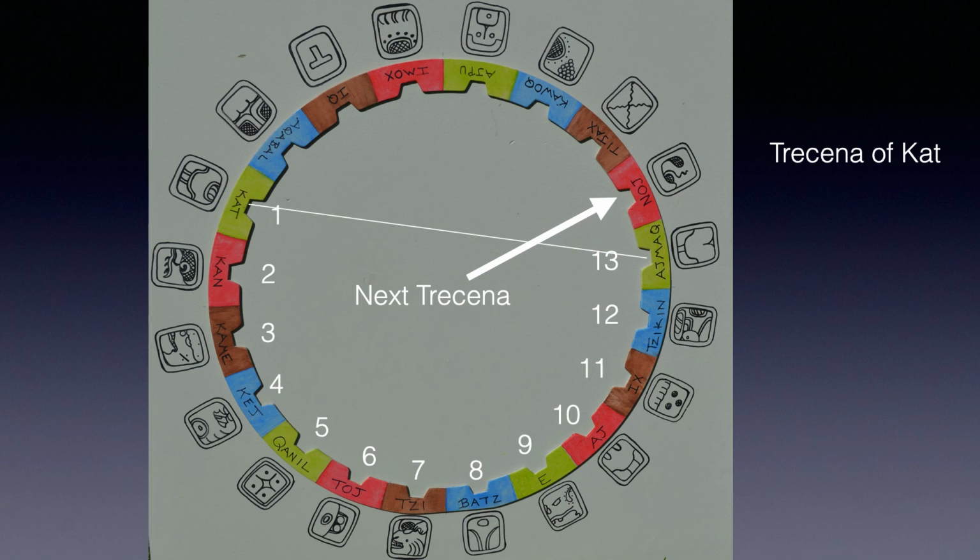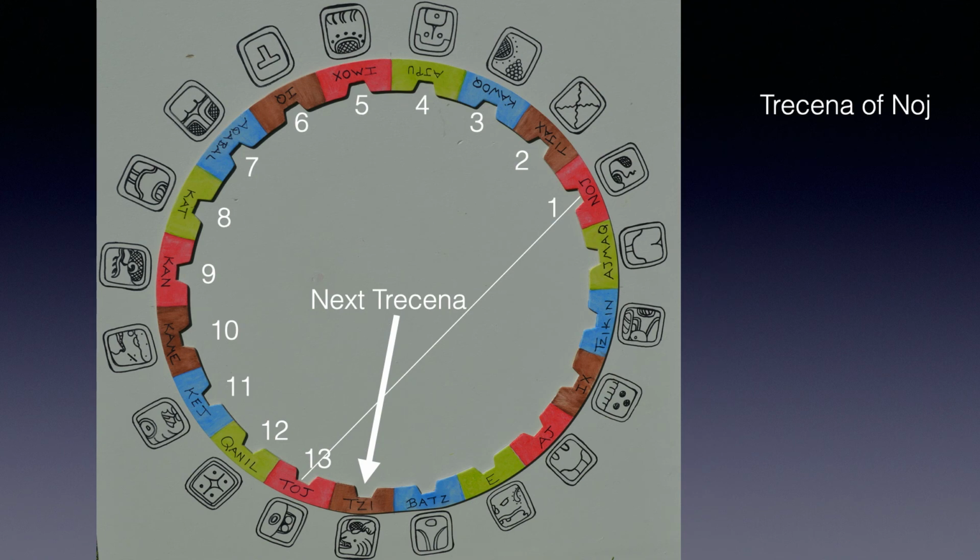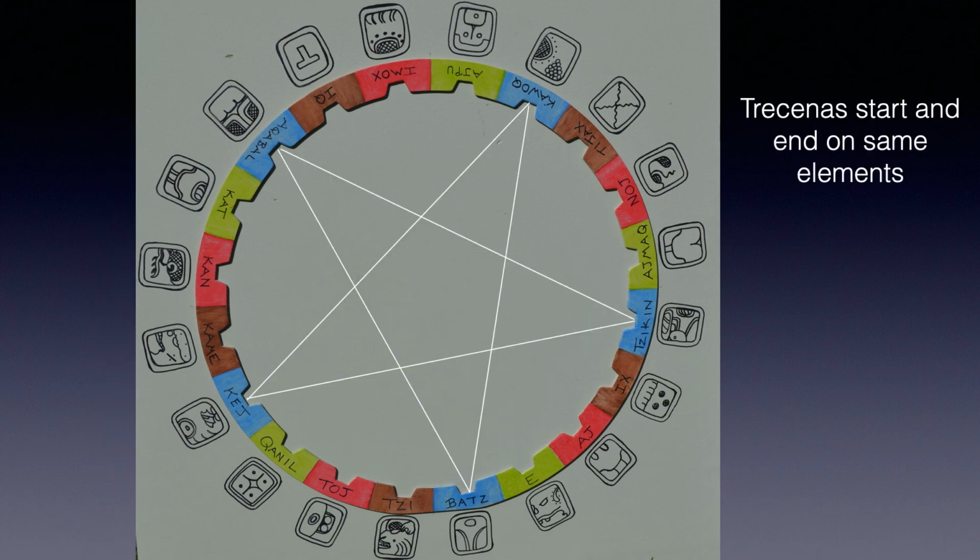And so you're going to see that the next Trecena after Ajmak would be Noj. So the cycle continues this way. And after the Trecena of Noj, then the next Trecena would be Z, and so on and so forth.